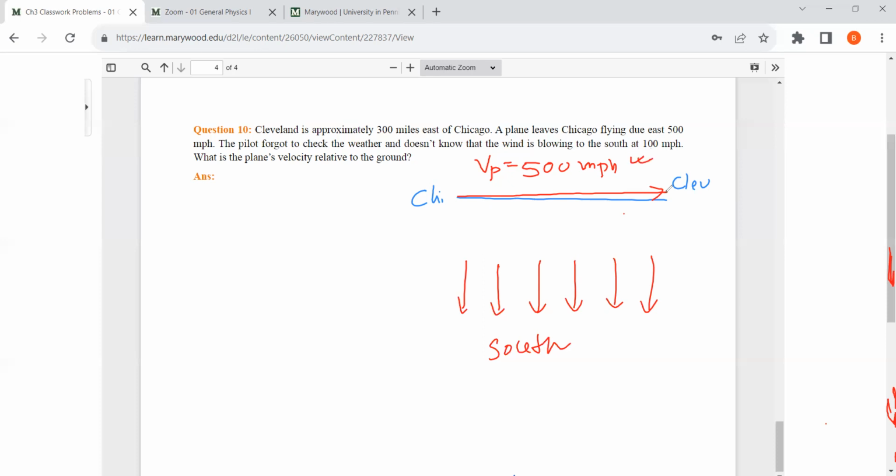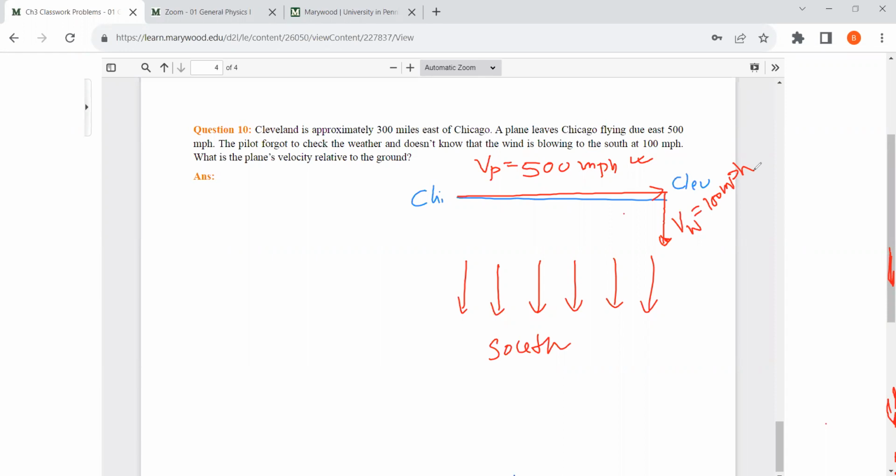Now there is also a velocity due to the wind, let me write V wind, and that is 100 miles per hour, and here we have 500 miles per hour.